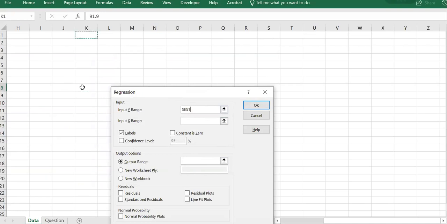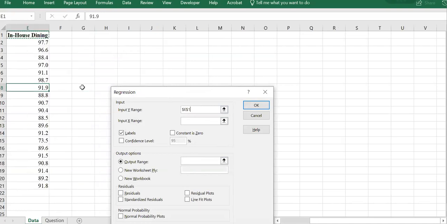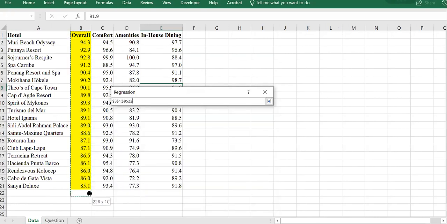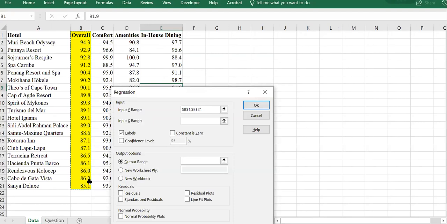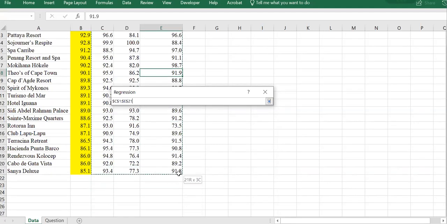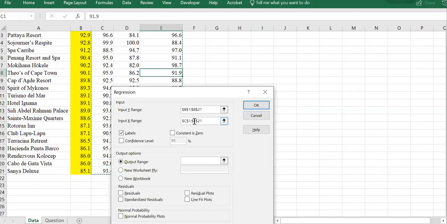All right, so Y range is going to be the overall score, column B, B1 to B21. X range is going to be comfort, amenities, and in-house dining all the way to the last row, C1 to E21.